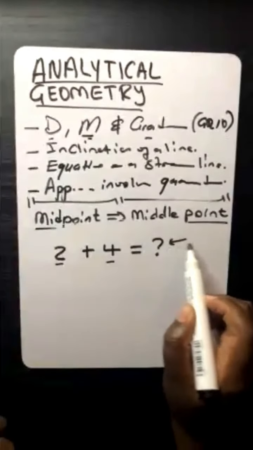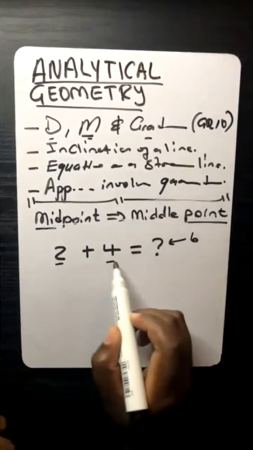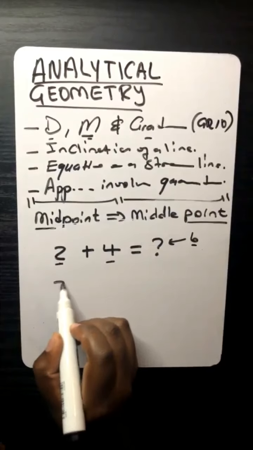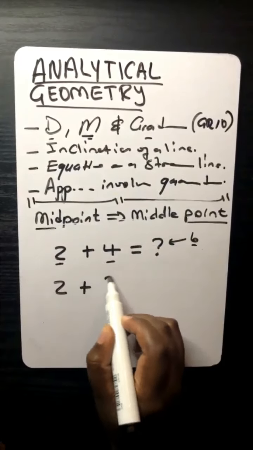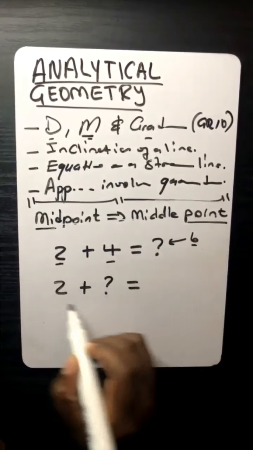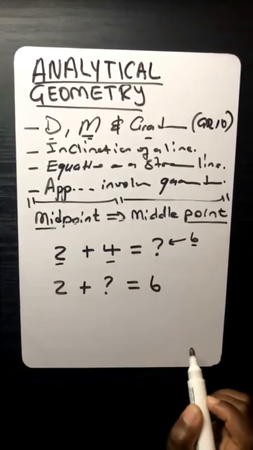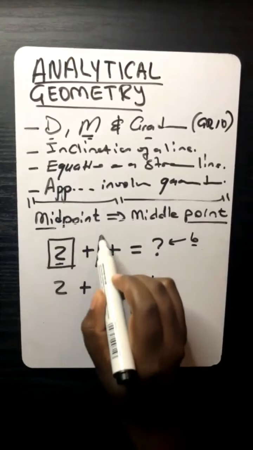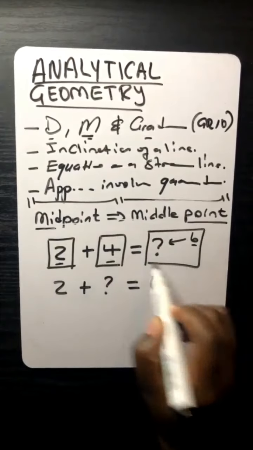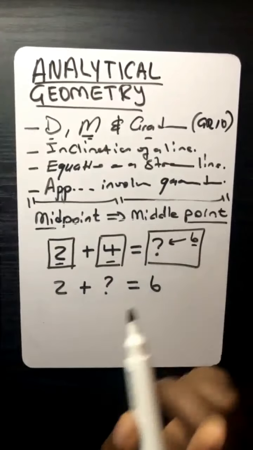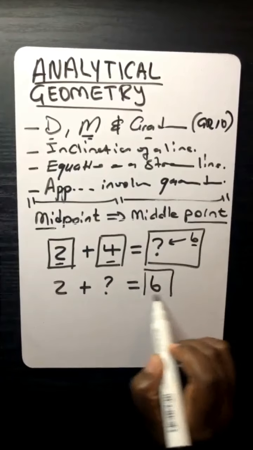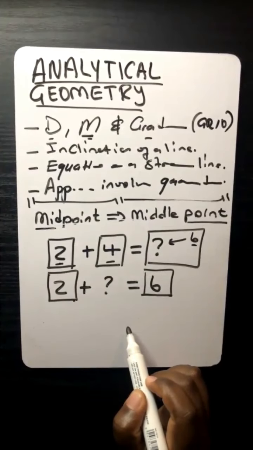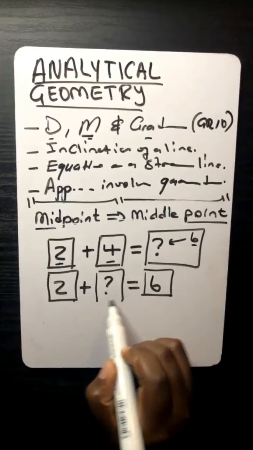Then you know that your question mark is 6 because this plus this equals 6. So she's asking what if they give me 2 and say plus, but they don't tell me that, and they say this plus that equals 2. So it's more like if they give you both of these and ask you what the answer is. If you are able to calculate the answer, it means if they give you an answer and one value there, you must be able to do a reverse in order to find that value.